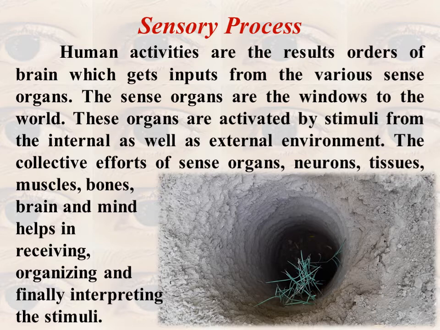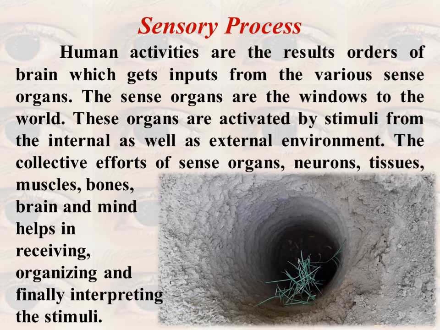So human activities are the results of the orders of the brain, which gets inputs from the various sense organs. Any activity you are engaged in is the result of the orders you are getting from your brain. Why? Because the brain itself is incapable of sensing objects.